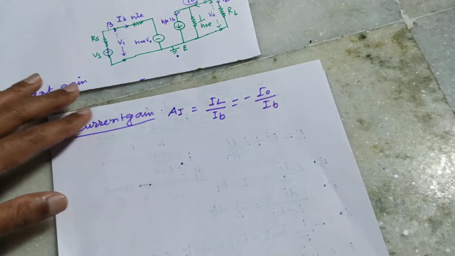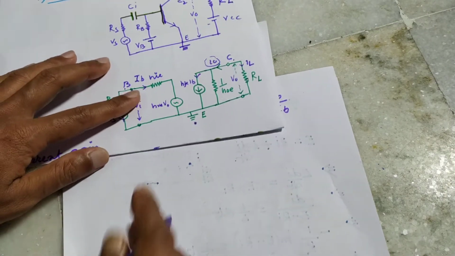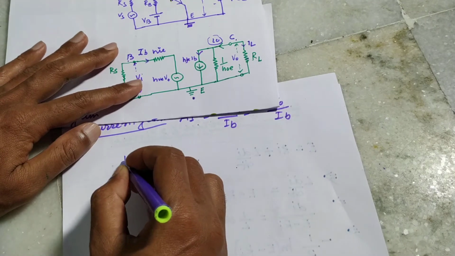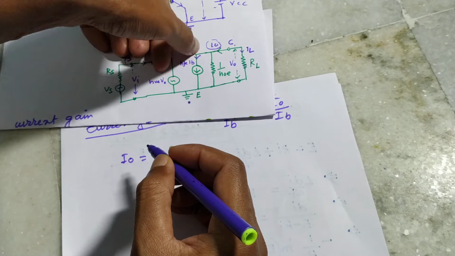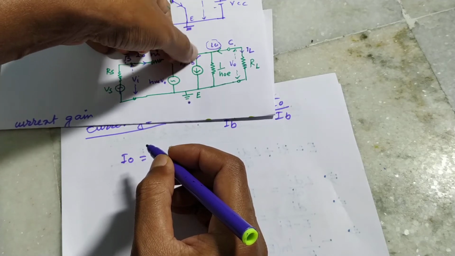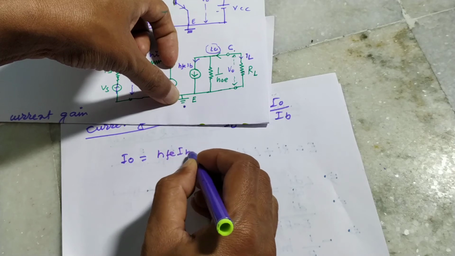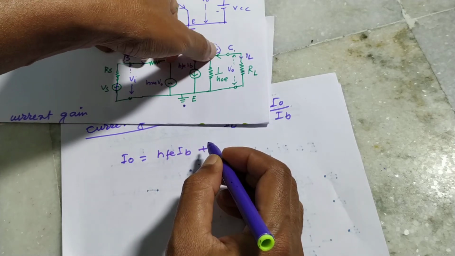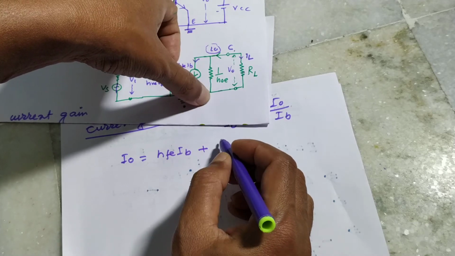Okay. Now from this loop we can write I0. What will be the value of I0? Part of I0 is flowing through this path, so this is hfe IB, and another part through 1 by hoe, and the voltage across 1 by hoe is V0.